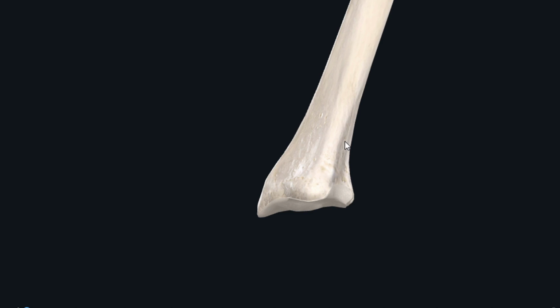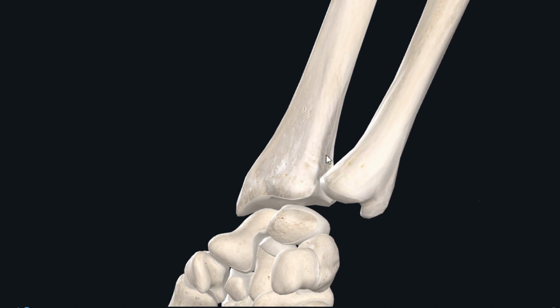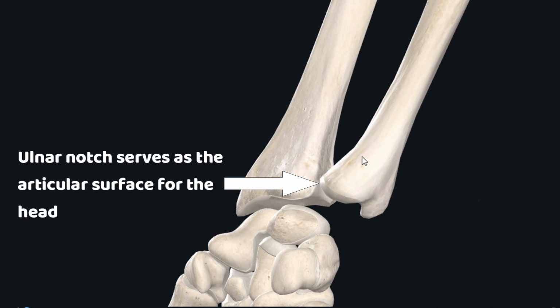This shallow depression on the distal medial aspect of the radius is the ulnar notch. The ulnar notch is the articular surface for the head of the ulna, as you can see.